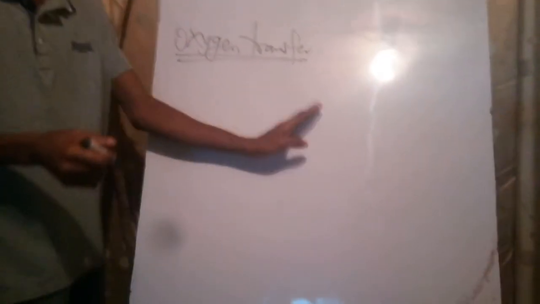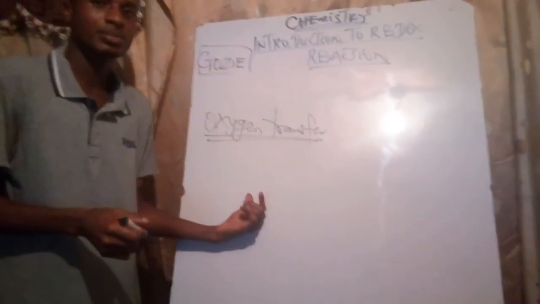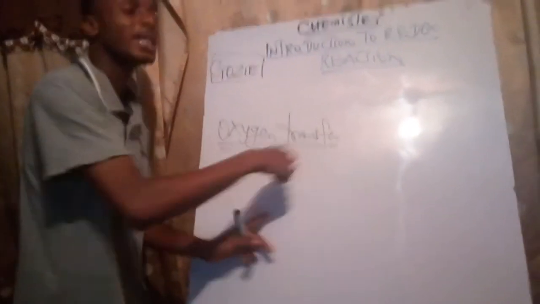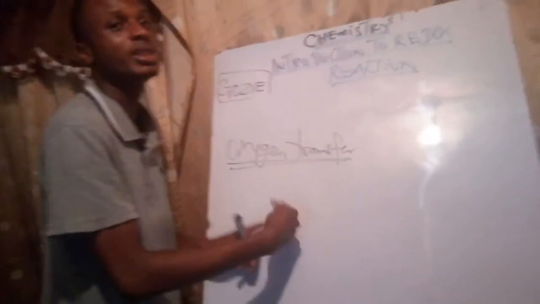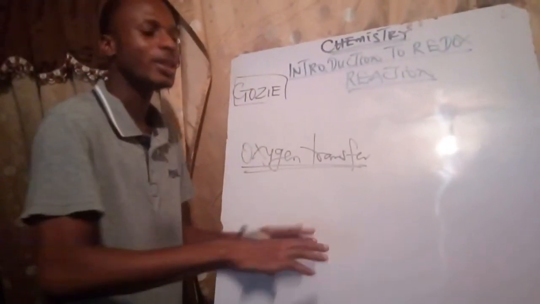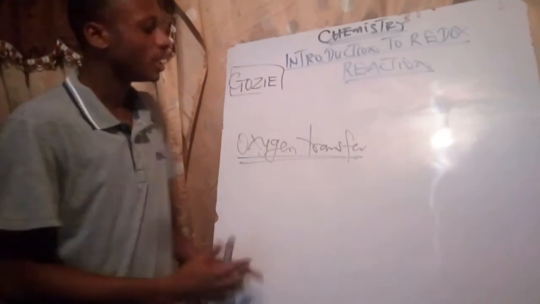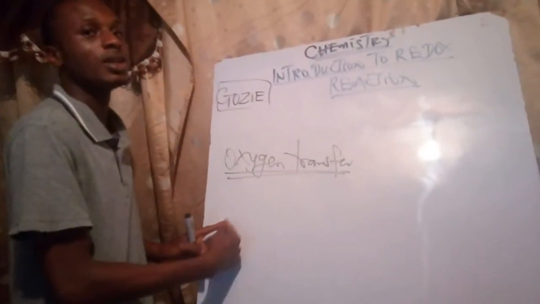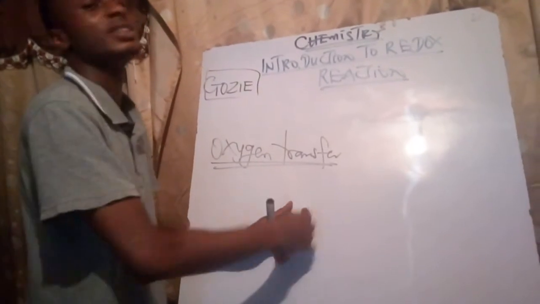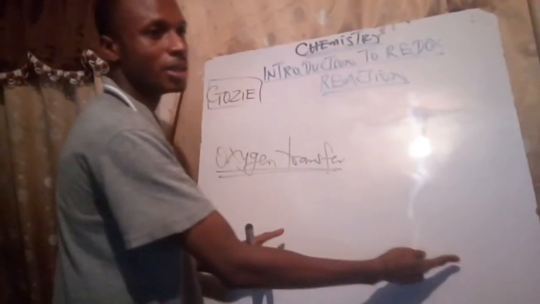I will now conclude or infer that oxidation is the addition of oxygen to that element. If I add oxygen to that element and its oxidation number decreases, then I will infer that reduction is the addition of oxygen to an element.